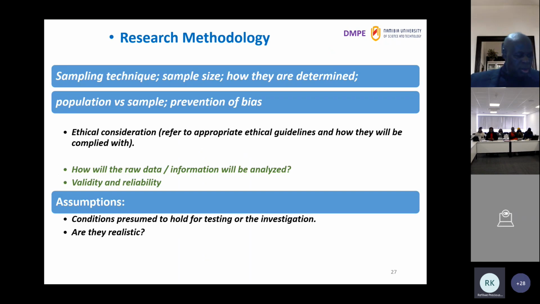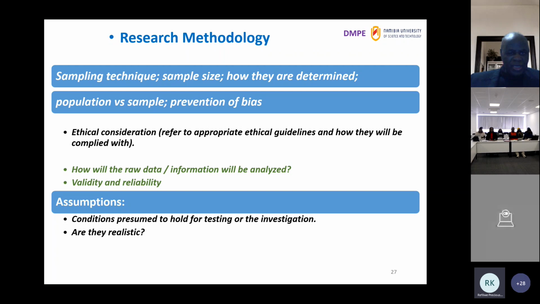Sampling. Are you going to do interviews and questionnaires? Are you going to take some material from the field and treat them and analyze, value add, or otherwise?